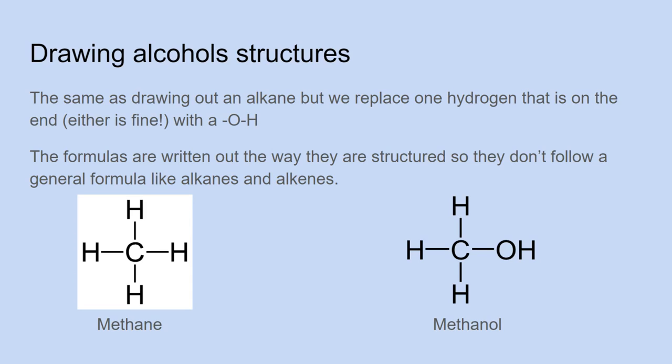So we don't have a general formula. With alkanes, we had that general formula of CnH2n+2. Alkenes, CnH2n. Alcohols, we don't have that. You could make one up, but it's not how we write them, because when we write them, it shows what their structure is.